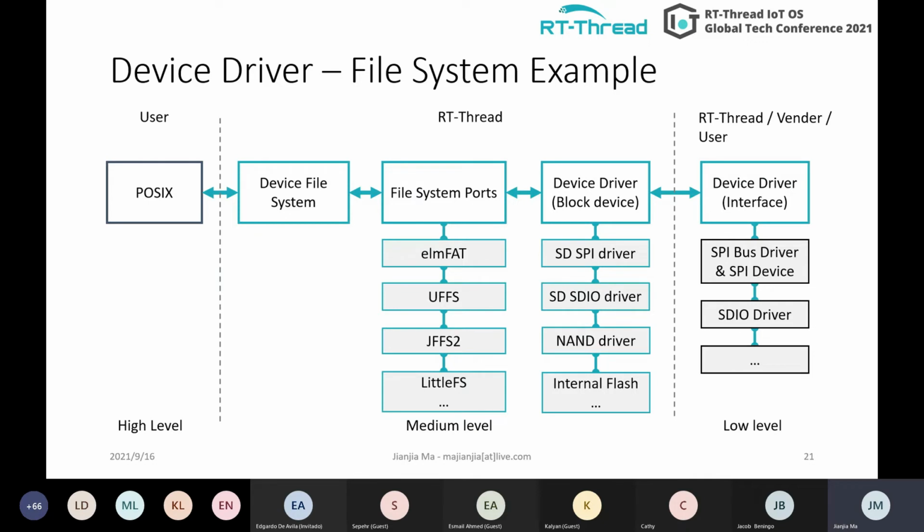For example, if we want to access an SD card, we need to have the SDIO driver implemented. Then, tick the box in the configuration, select one of the file systems you want, and select one of the drivers that match your low-level driver. Then this file system will almost be running.